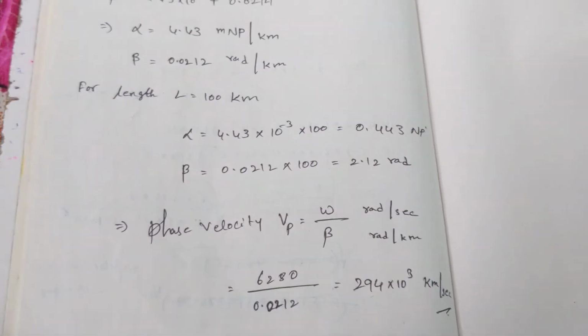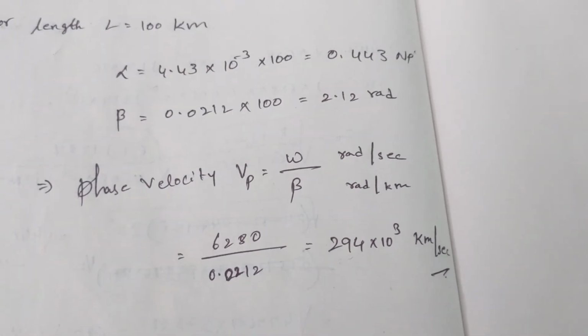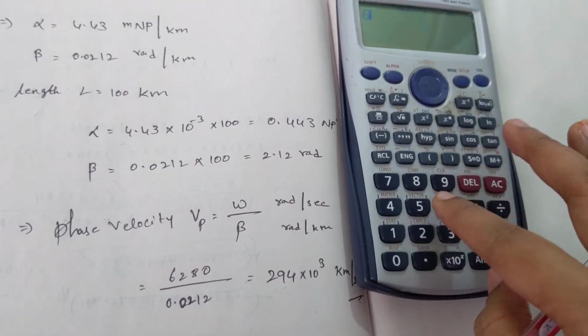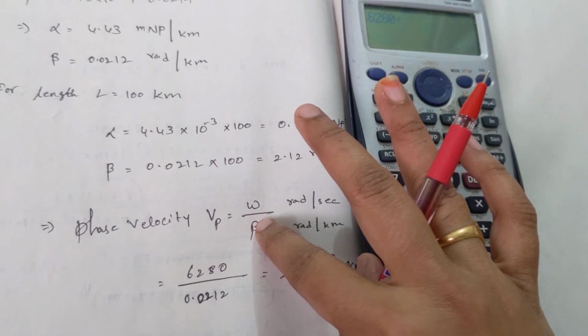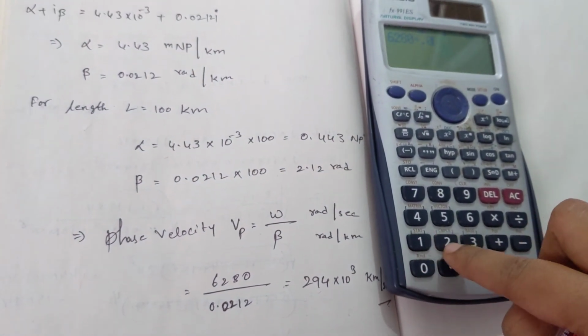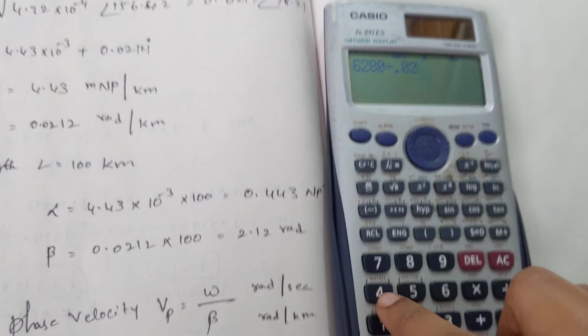So phase velocity, what is the formula? Omega divided by beta. Omega is nothing but 6280 divided by your beta value, 0.0212.